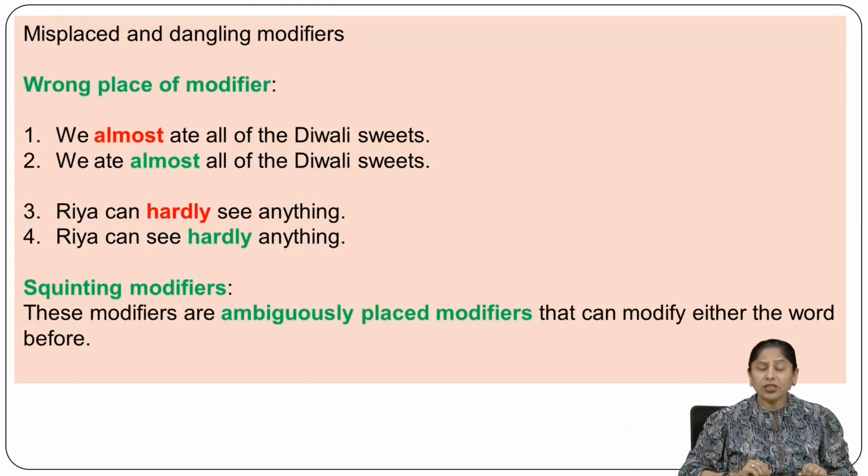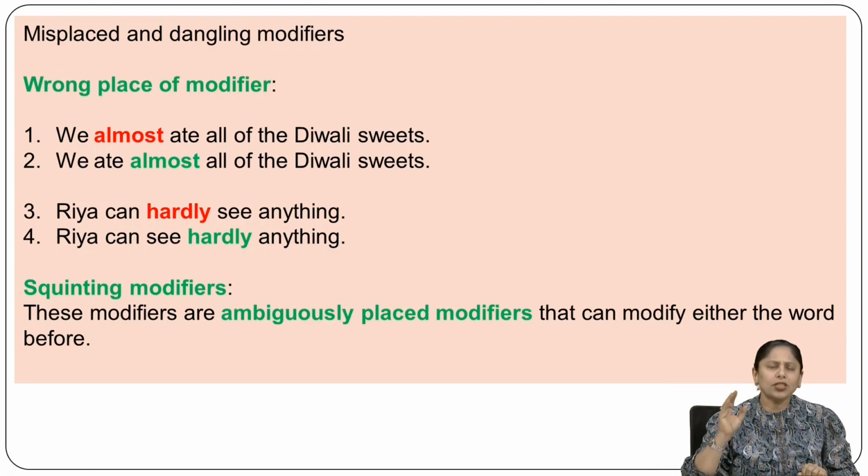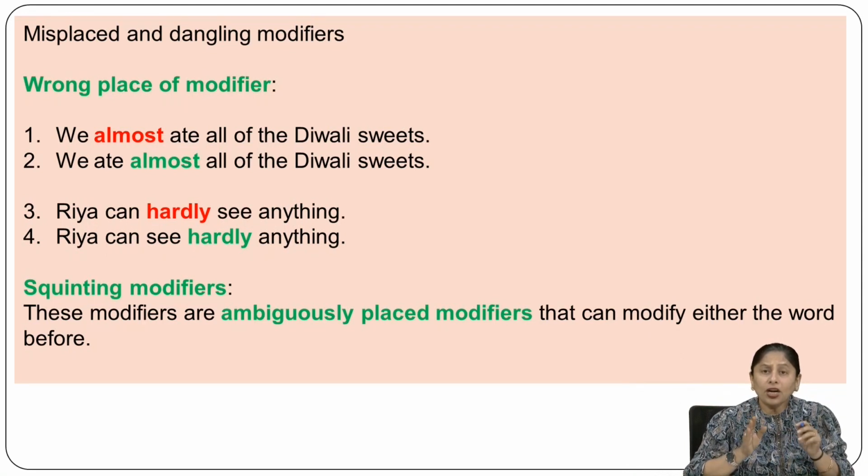Look, before initiating anything, I have to remind you what a modifier is. You know that a modifier is the word that comes generally before or after the noun, adjective or verb. This particular word, modifier, plays the role of modifying nouns, verbs or adjectives.